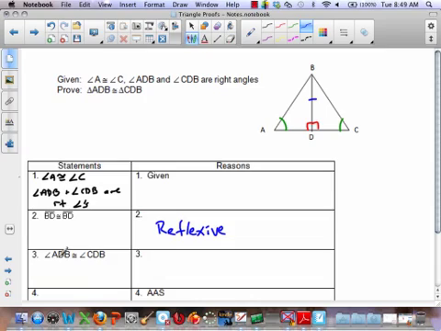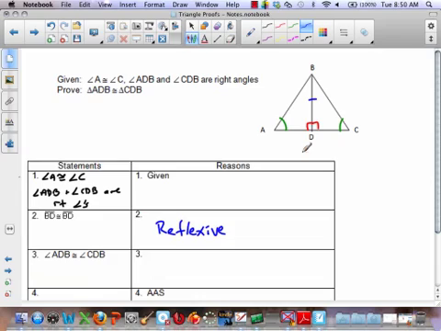And how do I know then on the next line that angle ADB and CDB are congruent? Perpendicular? No. Well, we know that they're both right angles. That's given to us, right? And what do we know about all right angles?